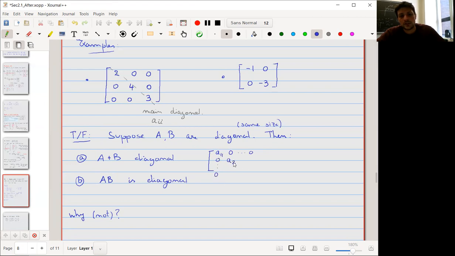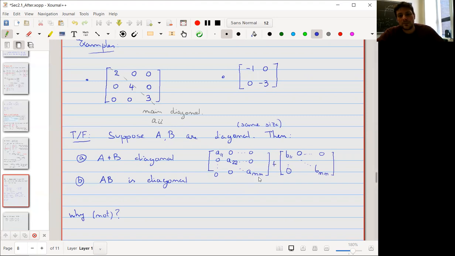That will be A22, and then zeros all the way down to ANN. And B, let's suppose it is the same. B11, and then zeros all the way down here. Here are their zeros, and then just BNN on the diagonal.